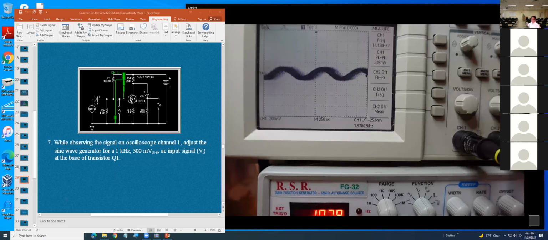So right now, what is the voltage? You can see that. Then now you try to go to 100.